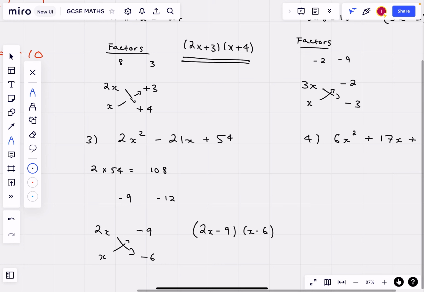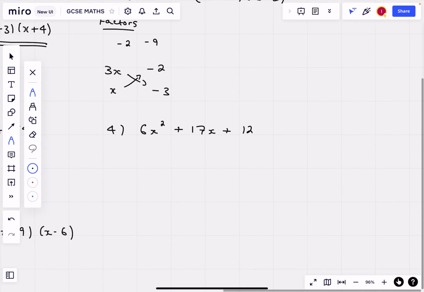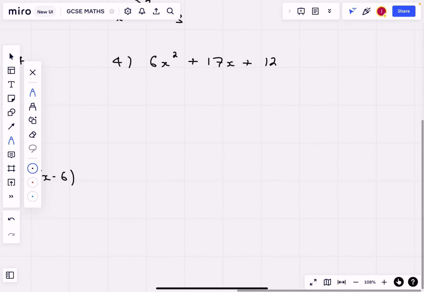Okay. Number 4, the nasty one. Same thing to start off with. 6 times 12 gives us 72. Our 2 factors are 8 and 9.